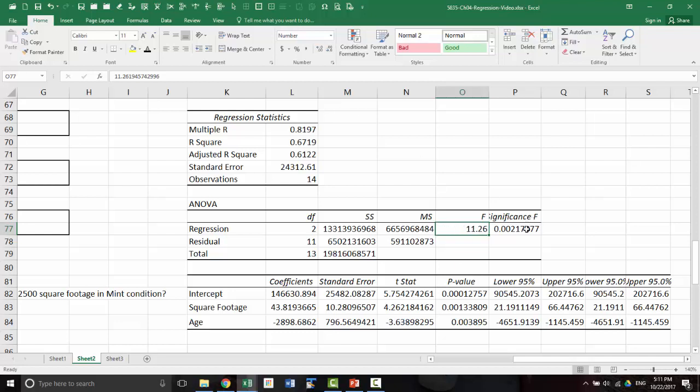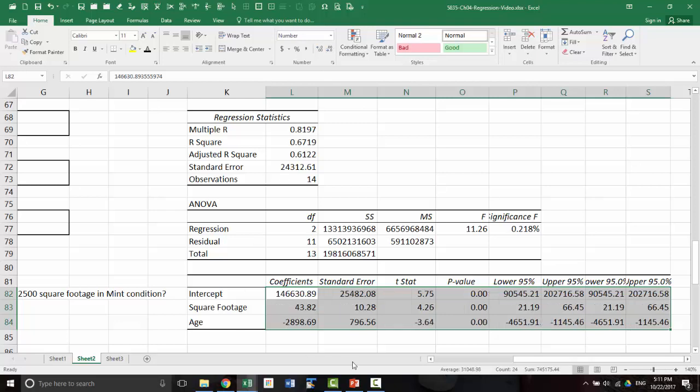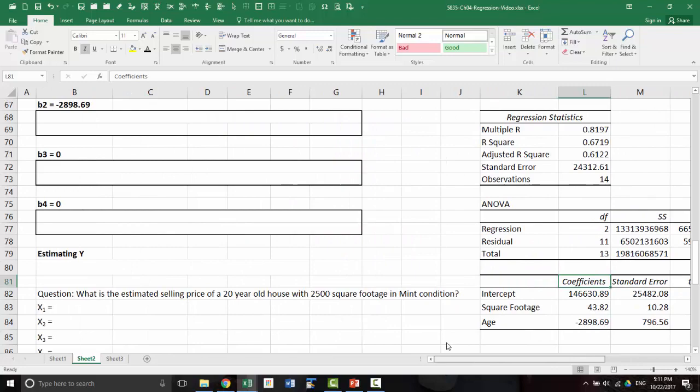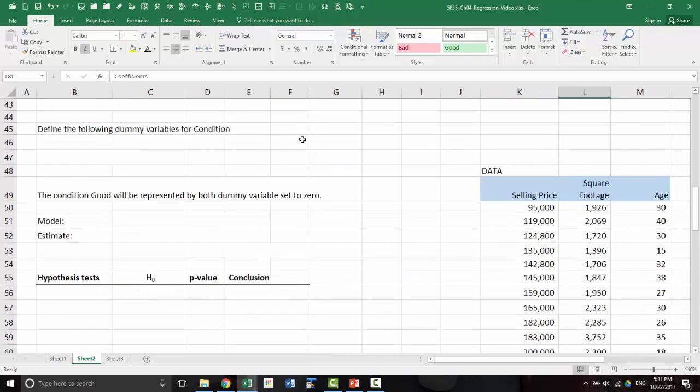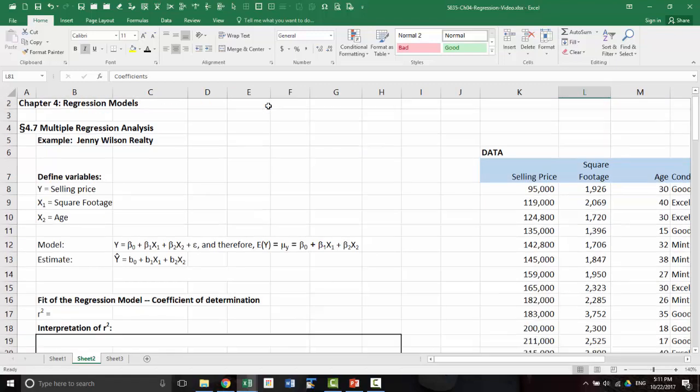Let's make that into a percentage. All right, so all of this. Okay. Let's go ahead and get the information assembled here.